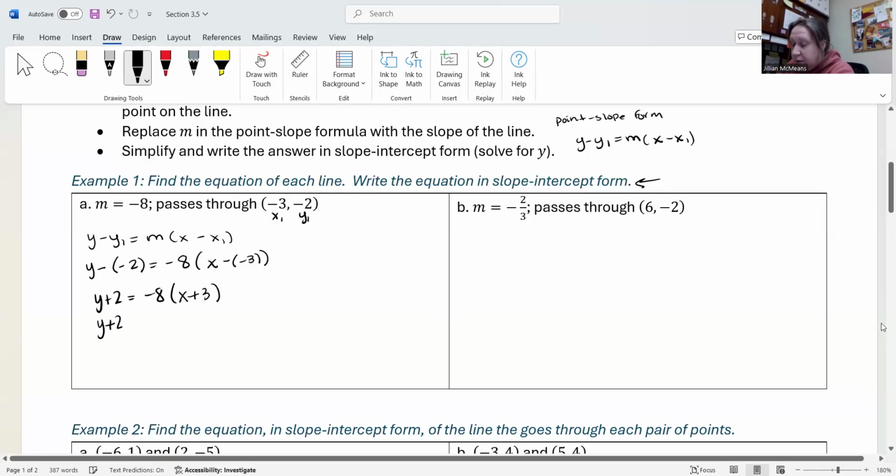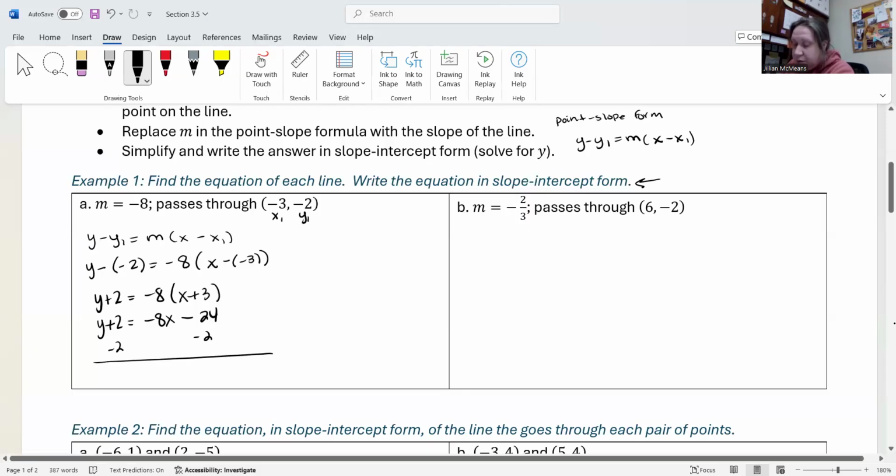So that's going to give me y plus 2 equals, well, -8 times x is just -8x. -8 times 3 is -24. So I'm pretty close. I have one more step to get y alone. The issue with y is we're adding 2 to it, so we want to subtract the 2 from both sides.